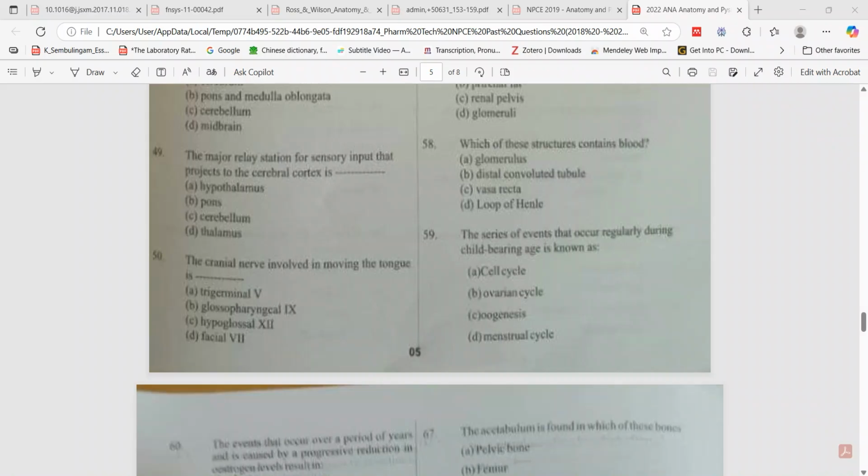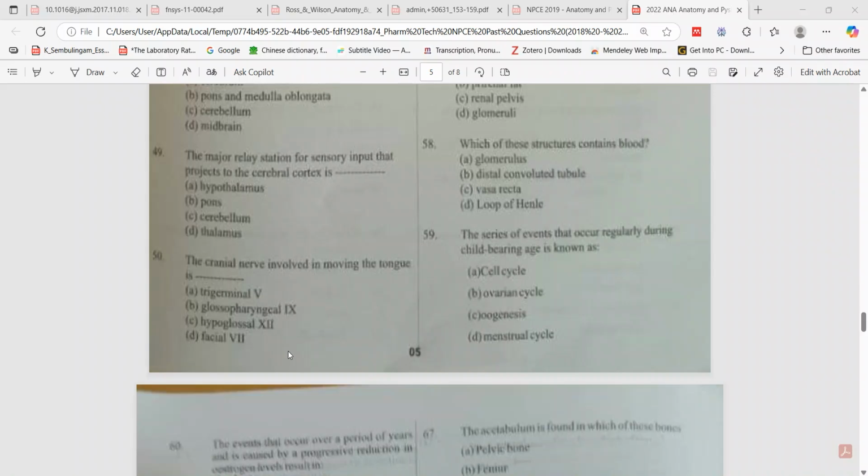What part of the nervous system? It's the thalamus. The thalamus is a relay station. It serves as a relay station to the cerebral cortex.